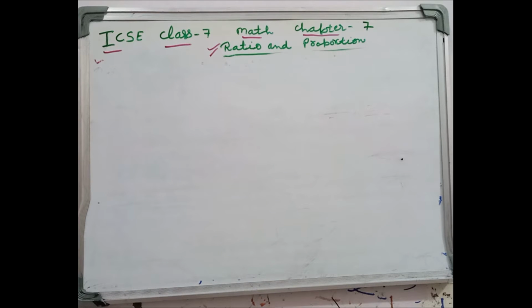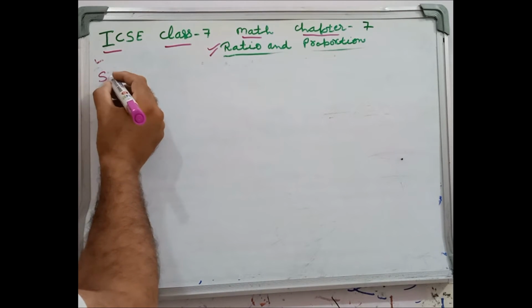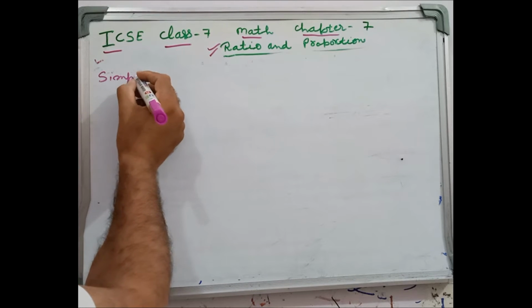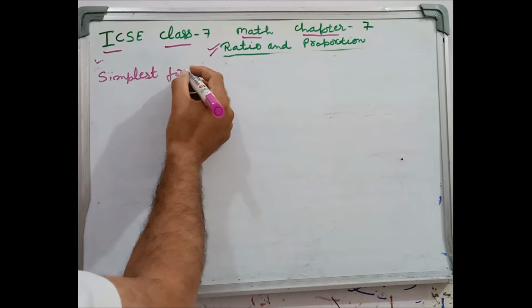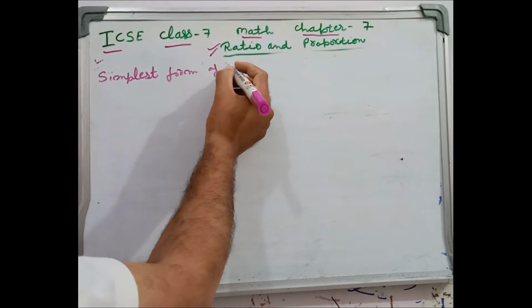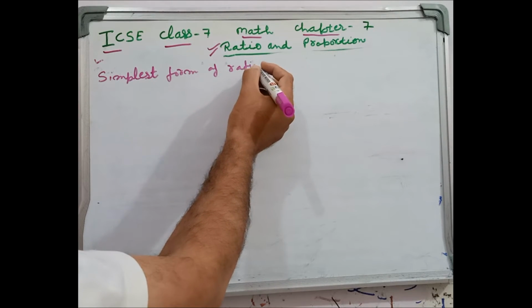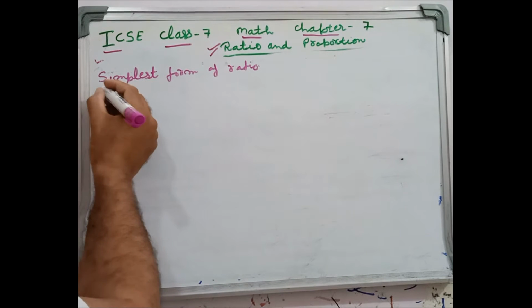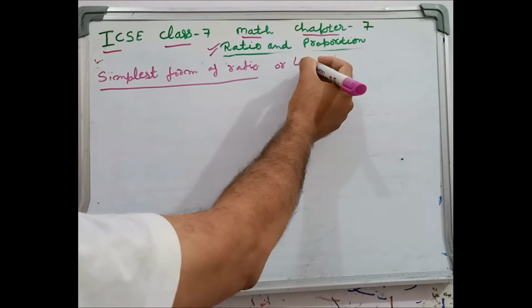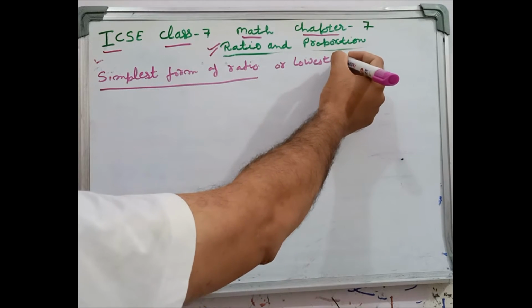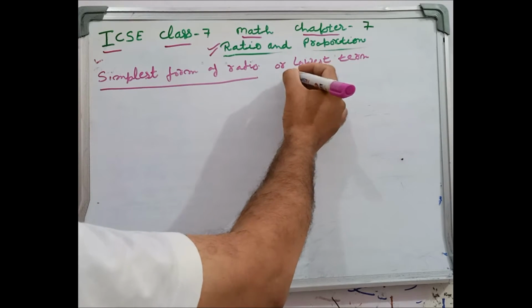Next, what is the simplest form of ratio? You will deal with questions on the simplest form of ratio, or we will call it lowest terms. What does this mean?